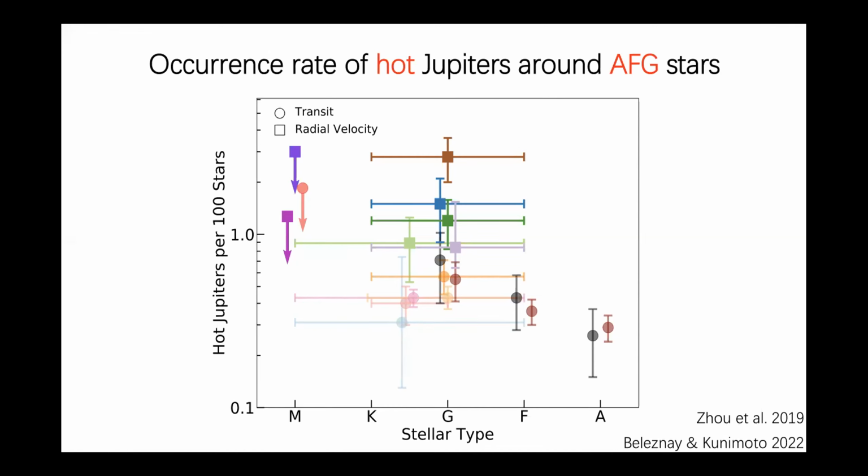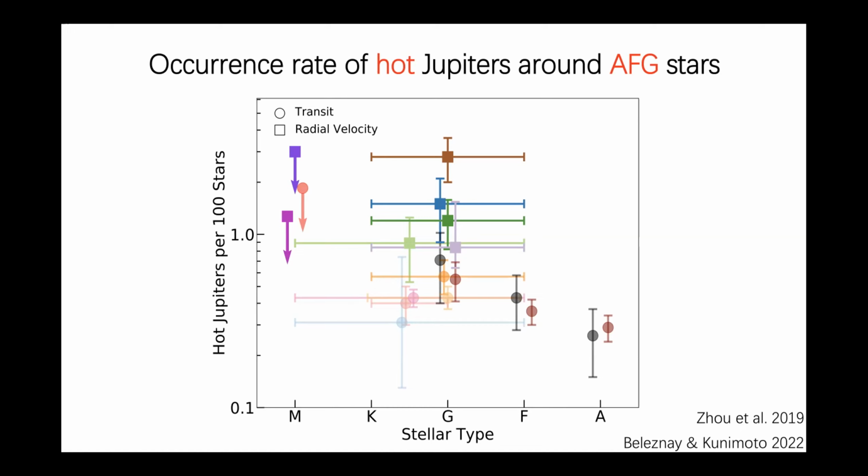Yeah, so here in this plot, we can see that the radial velocity surveys always give a higher occurrence rate for hot Jupiters. This is probably a result of close binaries, because close binaries could suppress the formation of circumstellar planets.